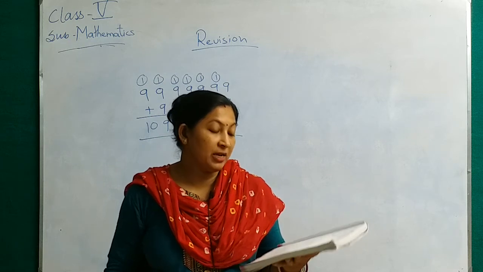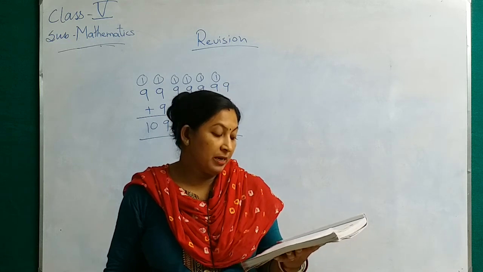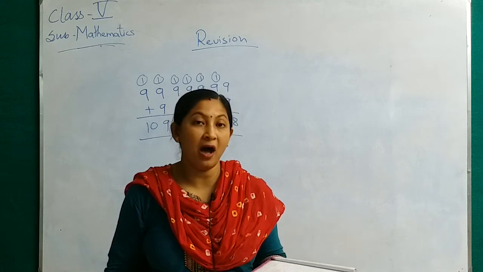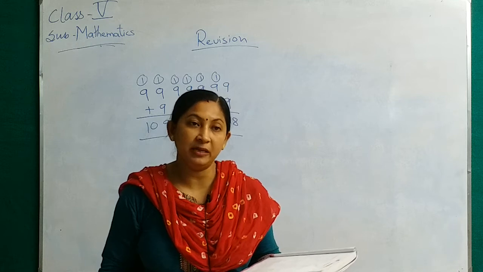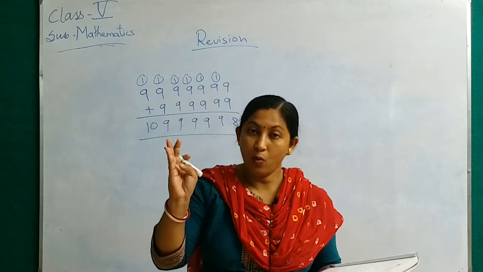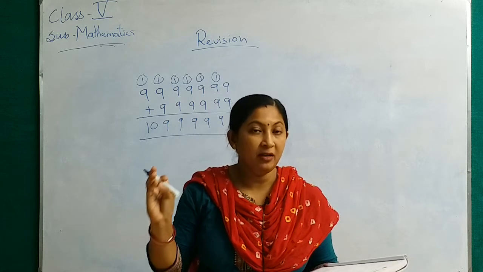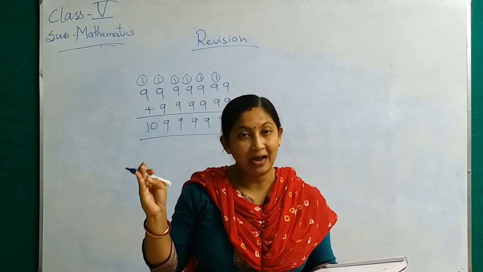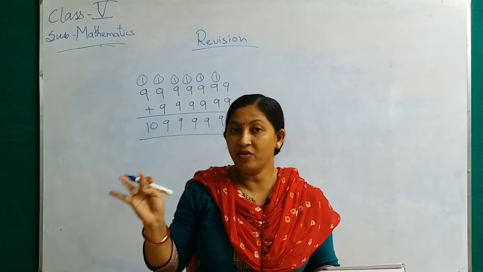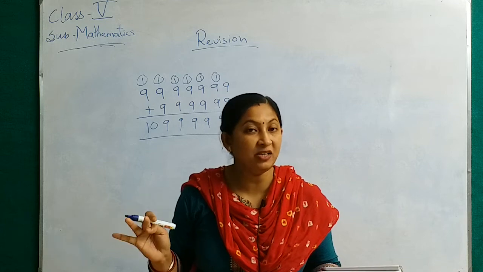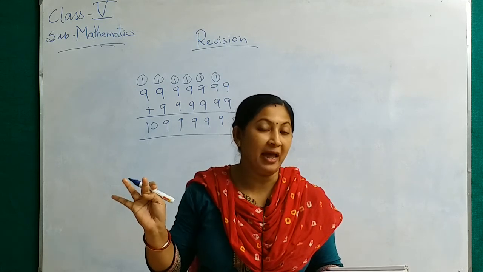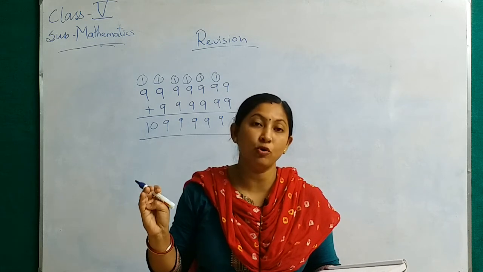Now come to question number 8. The number of zeros in 100 millions. How many zeros are there in 100 millions? Start counting: ones, tens, 100, 1000, 10,000, 100,000, million, 10 million and then 100 million. 100 million is a 9-digit number, but in 100 million, 1 is there and after that 8 zeros are there.